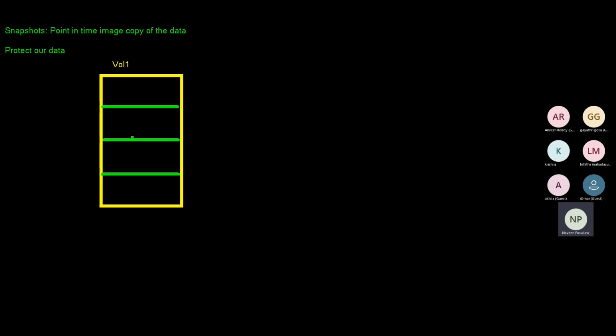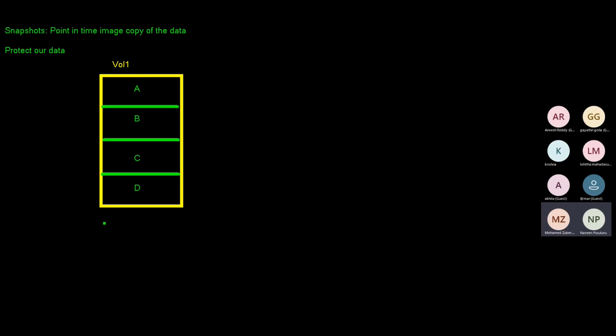But snapshot works at block level. So don't think snapshots will be taken based on characters or something. Okay, just A, B, C. Let's assume that this is the data I have in my volume.